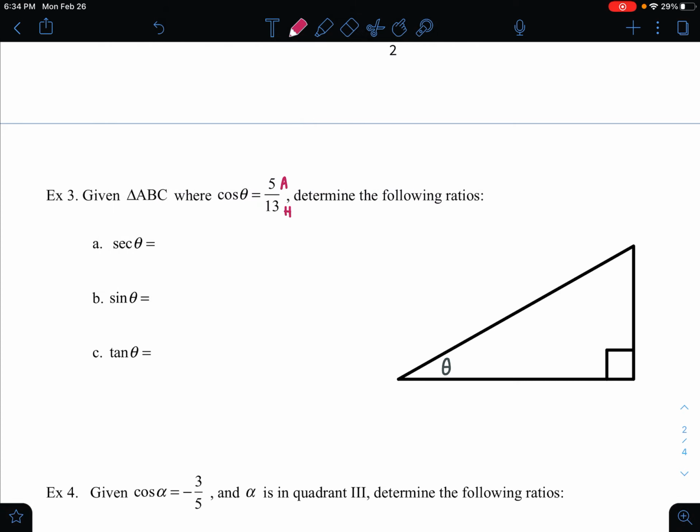So our adjacent side is here. Our hypotenuse is here. You can do Pythagorean theorem, or I would hope that your geometry teacher taught you the triples, because this is a Pythagorean triple. If you don't remember them, that's okay. You can still use Pythagorean theorem.